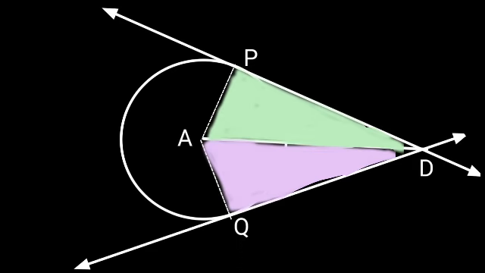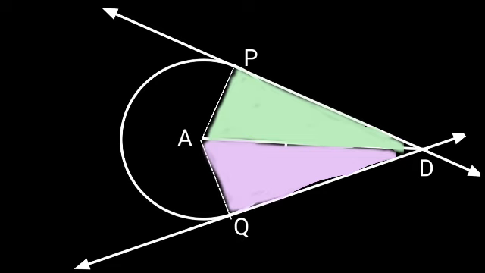common to the two triangles. In these two triangles, AD is congruent to AD, AP is congruent to AQ, and angle APD and angle AQD are 90 degrees. Both triangles are congruent by the SSA test.